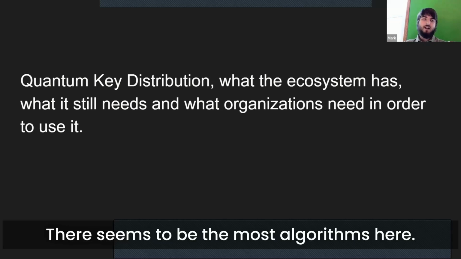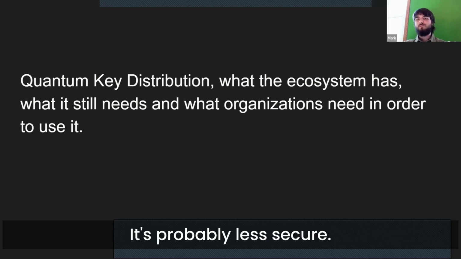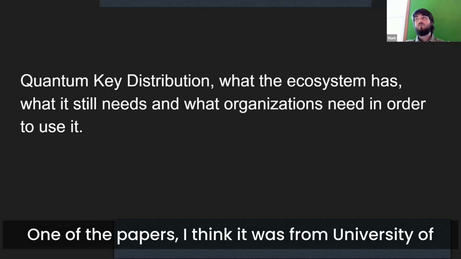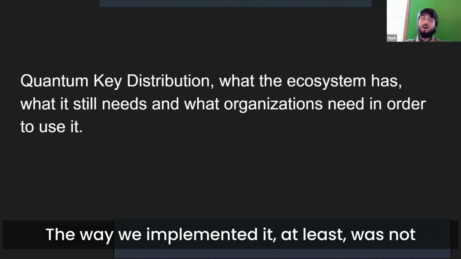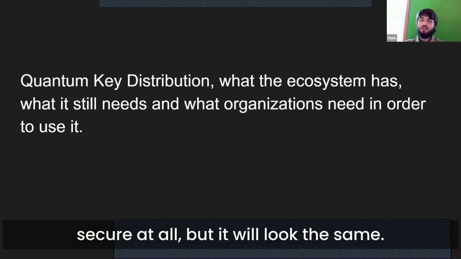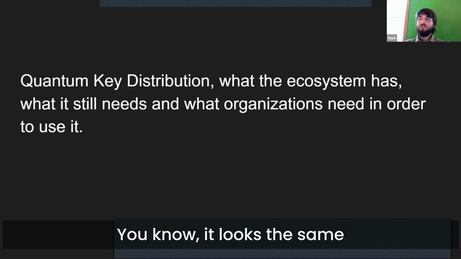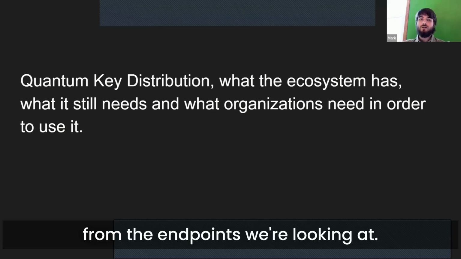There seem to be the most algorithms here. It's probably less secure. One of the papers, I think it was from University of Illinois, was like, hey, we use this, we know it. The way we implemented it, at least, was not secure at all, but it will look the same from the endpoints.